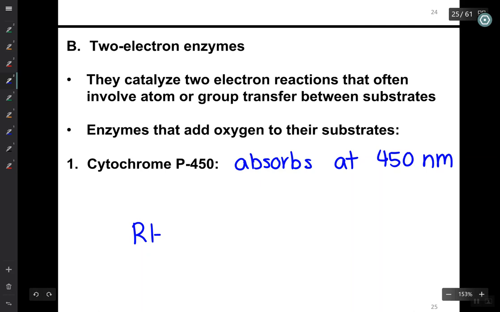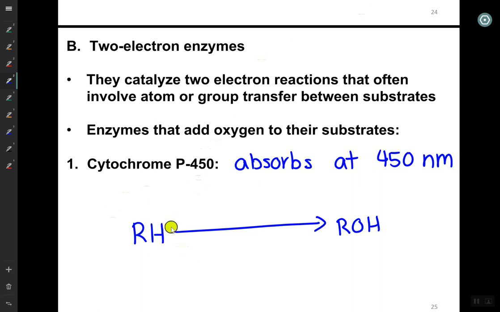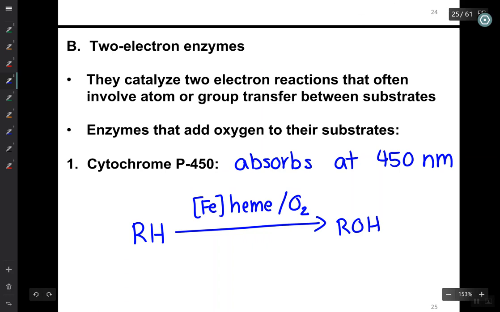These enzymes often do alkane oxidation, so they can convert some kind of alkyl chain to the corresponding alcohol, and they use that iron heme cofactor with O2 as a source of oxidant. So as monooxygenases, they will take one oxygen from O2 and transfer it to the substrate, and then the other oxygen will just be water.